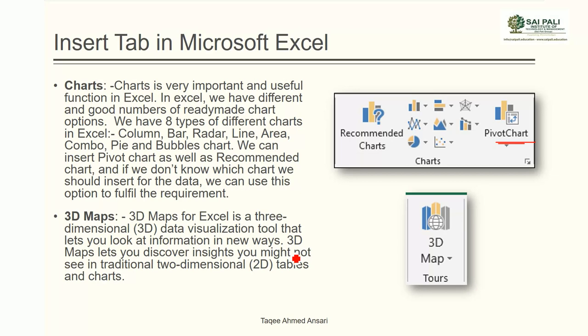Like if your data has country names, area names, city names, and your data depends on that. Suppose it is data of the crime rate of a particular city, or it is representing the population of a country based on different states. So we can plot this data on the 3D map.